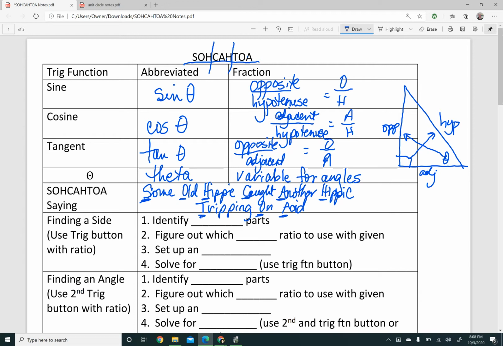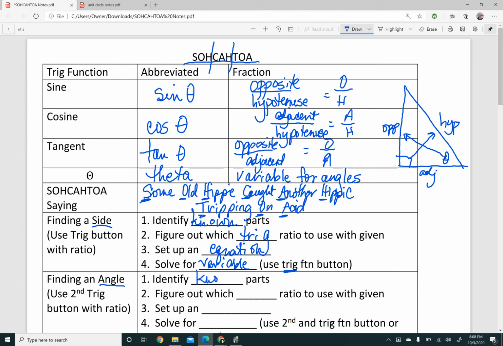There are a couple of things that you could be looking for in a right triangle. You can be finding the side or the angle, or you could just be finding the value of the trig function. When you're finding the side, you want to identify all the known or given parts, figure out which trig ratio to use, set up an equation, and then solve for the variable. In this, we're just going to use the regular trig function. When we're identifying an angle, we do the same thing.